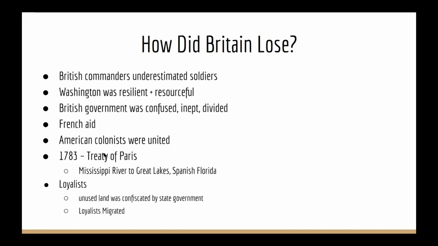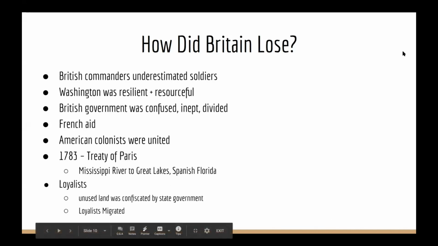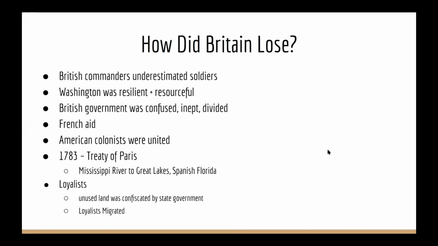Another thing to consider is that while a lot of colonists supported the revolution, 15 to 20% of the colonists living there were actually loyalists, meaning they sided with Britain. So it was a big number that sided with Britain.